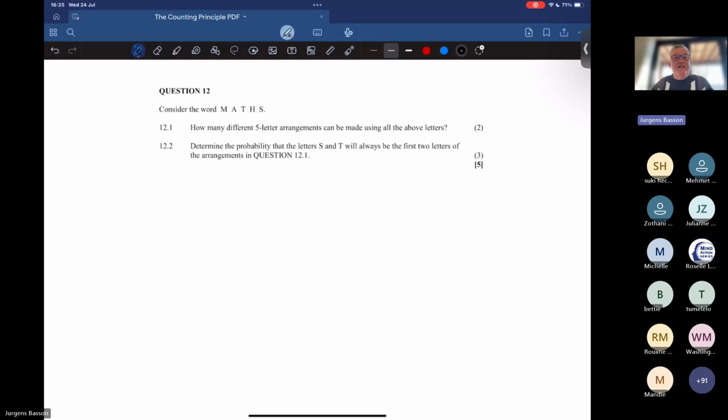They can't repeat. And they say how many different 5-letter arrangements can be made using all the above letters. And I think you will now be able already to tell me mentally the answer. We've got 5 letters, 5 positions. They can't repeat. 5, 4, 3, 2, 1, and that gives us 5 factorial.